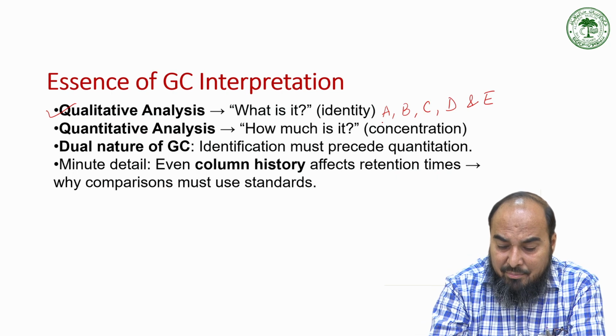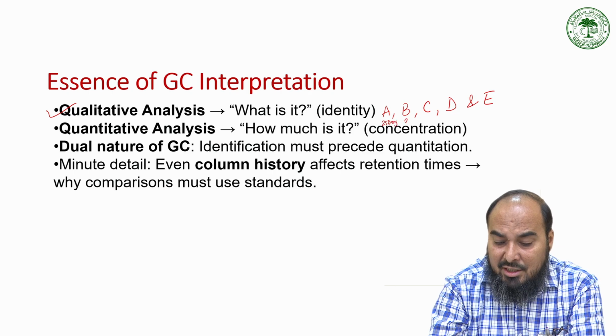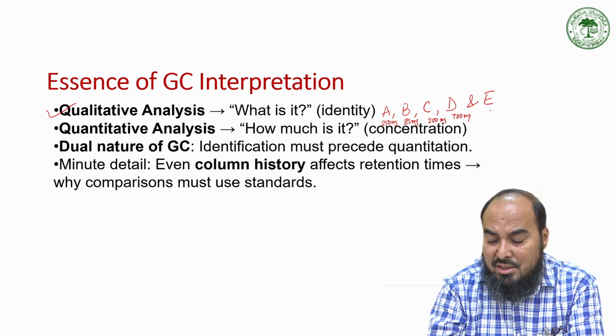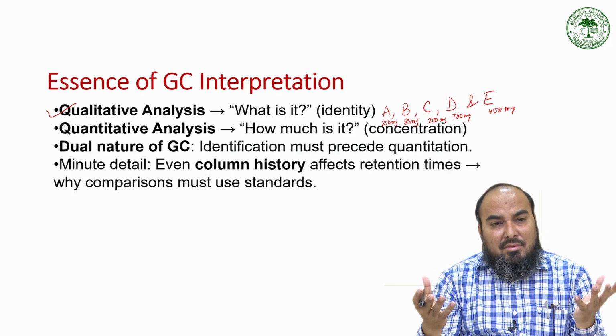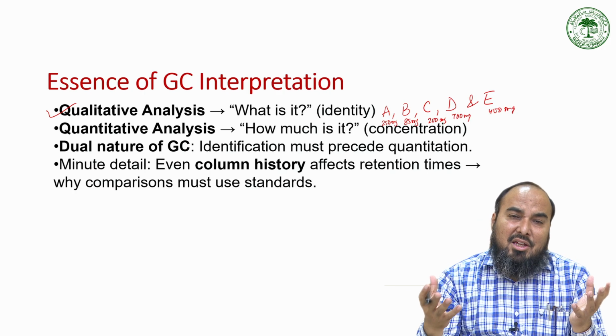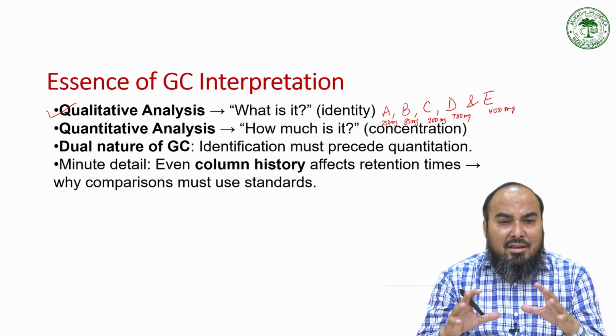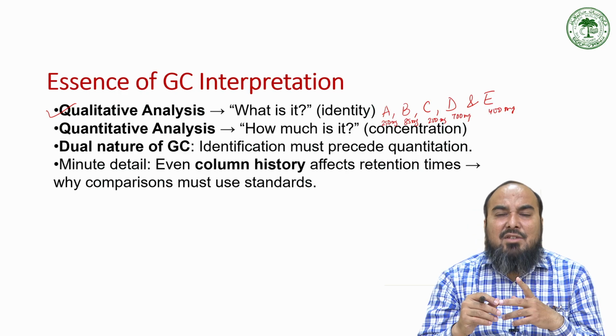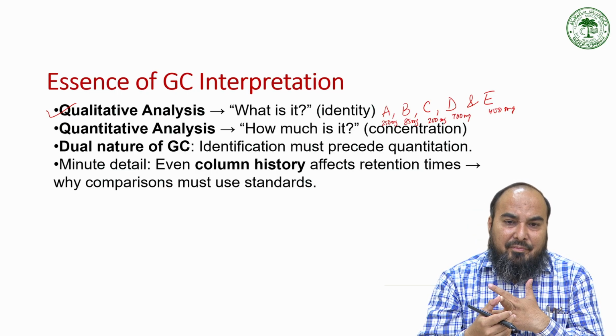For example, it is 250 milligram, 85 milligram, 200 milligram, 700 milligram, and 400 milligram. So this is called quantification, that you have quantified each of your components. And the dual nature of GC is that it gives you qualitative as well as quantitative ideas.